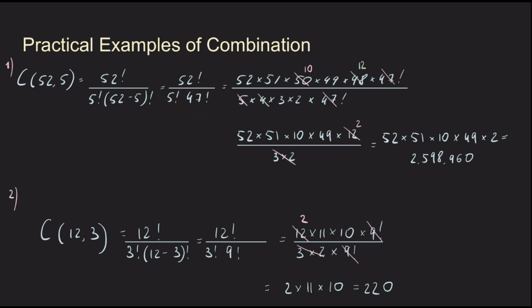Now we write 52 factorial as 52 times 51 times 50 times 49 times 48 times 47 factorial. And we stop there because we see that we can divide by 47 factorial to cancel them both in numerator and denominator. We also want to write 5 factorial as 5 times 4 times 3 times 2, and we don't write times 1.